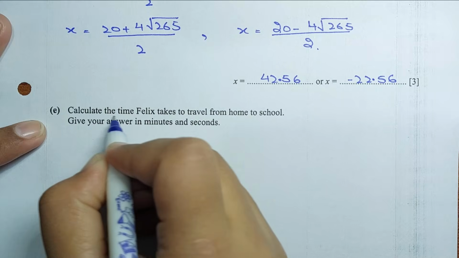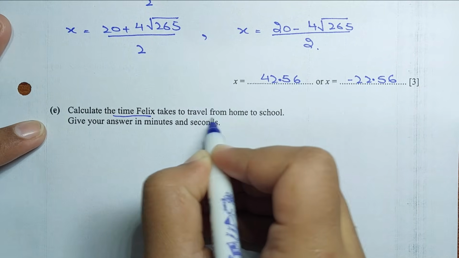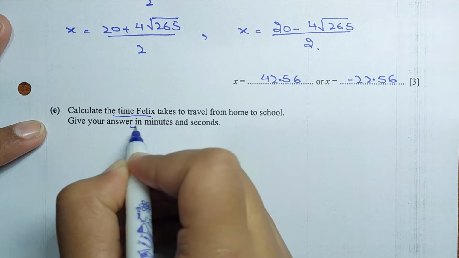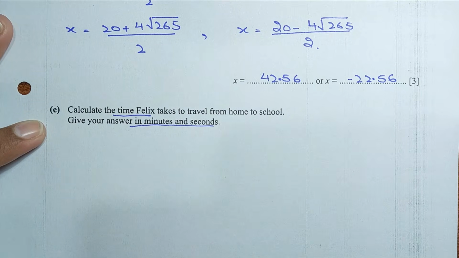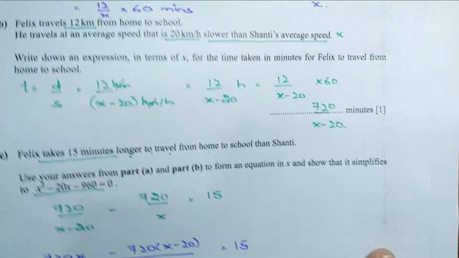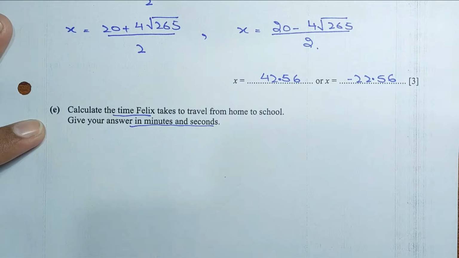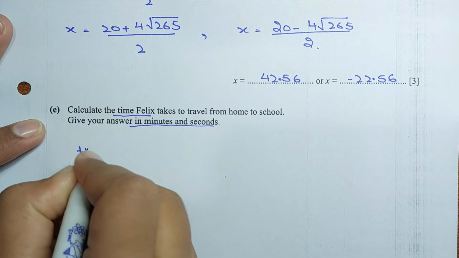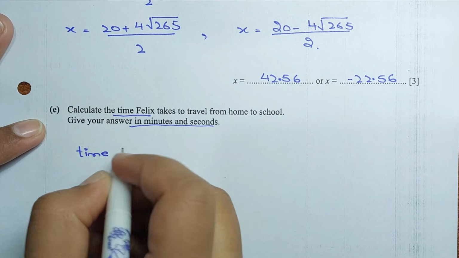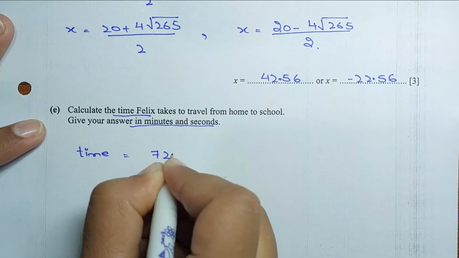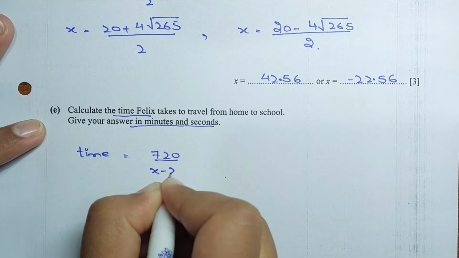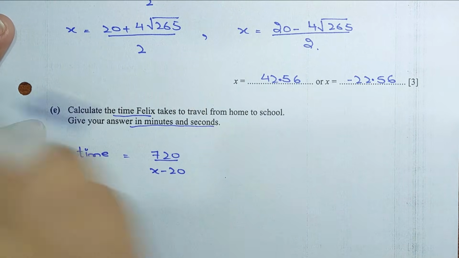Now for part E, calculate the time Flix takes to travel from home to school. Give your answer in minutes and seconds. The time Flix takes, we already did in part B. The time Flix takes to travel from home to school is 720 over x minus 20. Which value of x are we going to use?